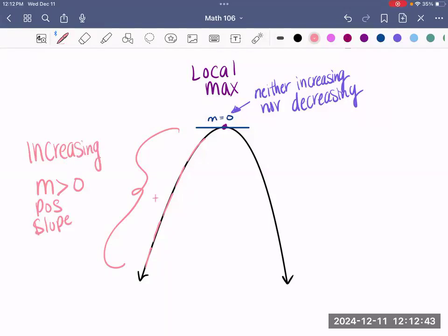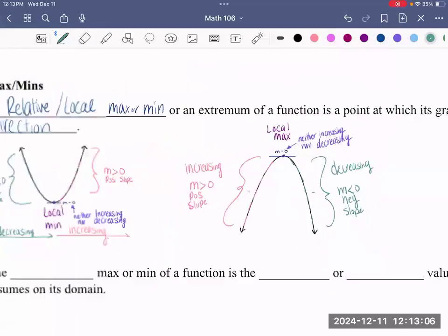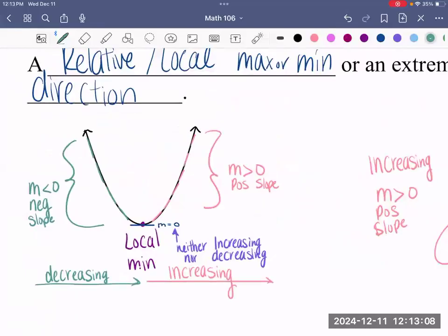So we're going up on one side, and then on the other side, if we were to draw it one more time, notice that all of these lines are downward facing. Therefore, your slope is negative. Therefore, we are decreasing. We're going down. And on the other side, if we were to do it over, this is down, and then we change to up.